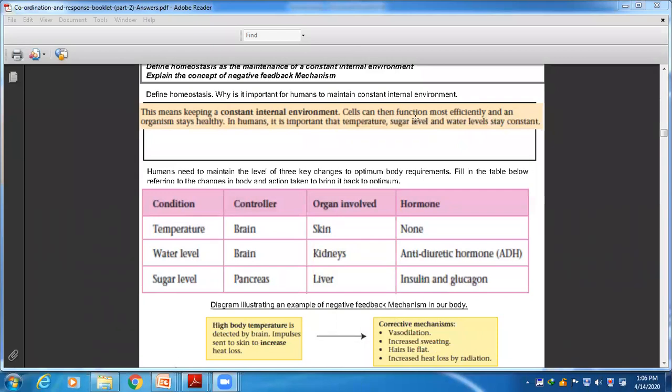Remember, for example, this is the skin, and the hair becomes erect on it. What will happen here is this hair will trap a layer of air in this gap, and that layer of air acts as an insulator that prevents heat loss from the body. It happens when the condition is cold.